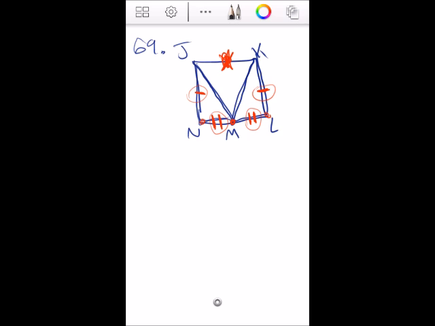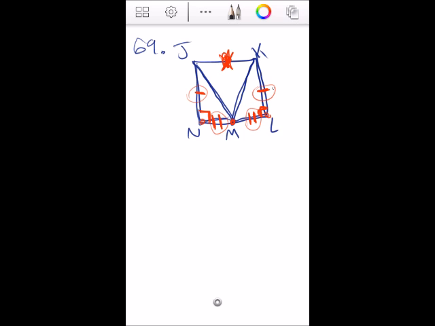But JKLN is a square. I said that the sides are equal, but there's something else important about a square. All sides are equal, and all angles are equal. They're equal to 90 degrees. So we know that all these angles are 90. So this angle right here and this angle right here are 90 degrees.